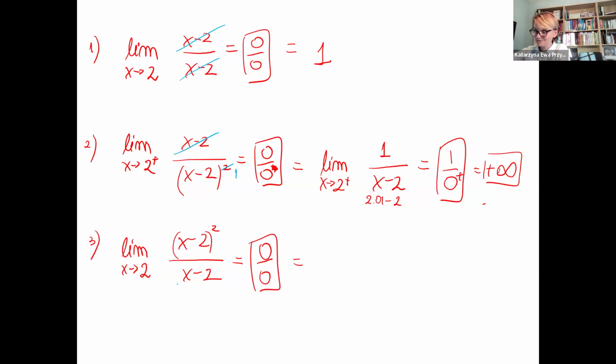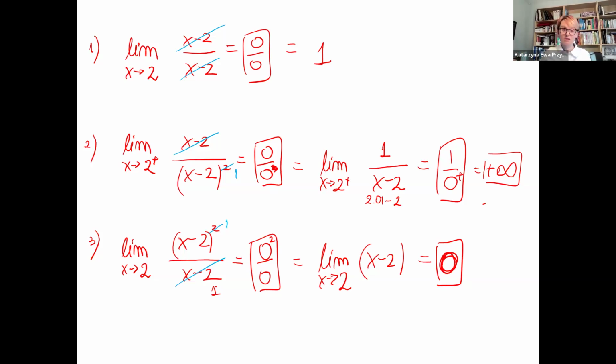Okay, and now let's look at this one. I can cancel out those zeros because we have a square here. And we end up with x minus 2. X goes to 2. What is this limit? Just 0. But please notice, we did cancel out, we did remove the 0 from the denominator.